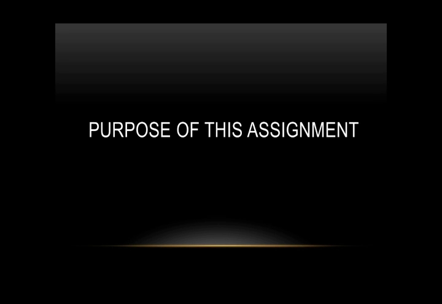What will be the signs and symptoms? How will they look as you are working with them in the clinic or in a skilled nursing facility or in the hospital as a physical therapist assistant? So this assignment I created is to help you look at the information and then apply it to a patient, apply it to real life.